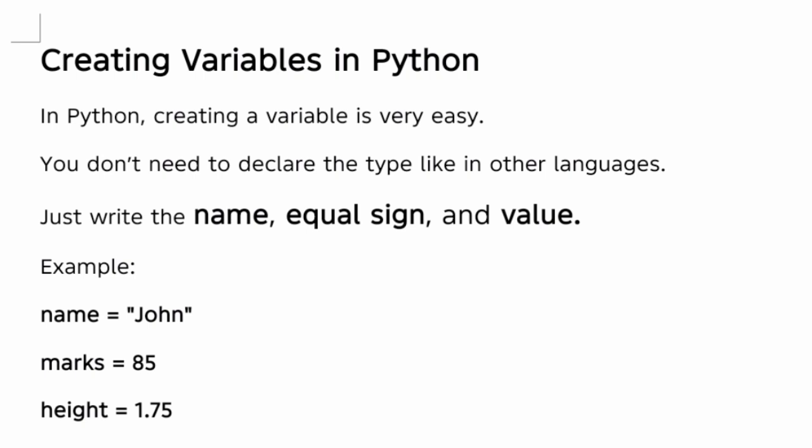So we have three different variables declared in Python. So you declare a variable in Python by specifying the variable name, the equal sign or assignment operator, and the value.